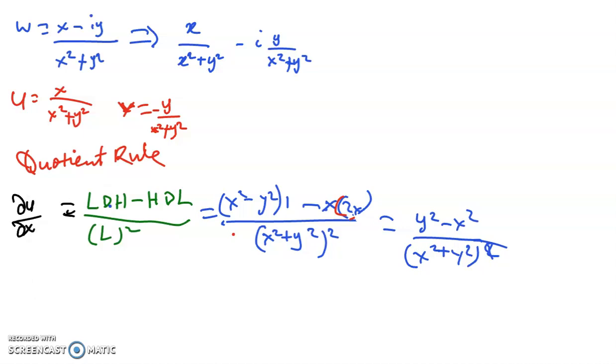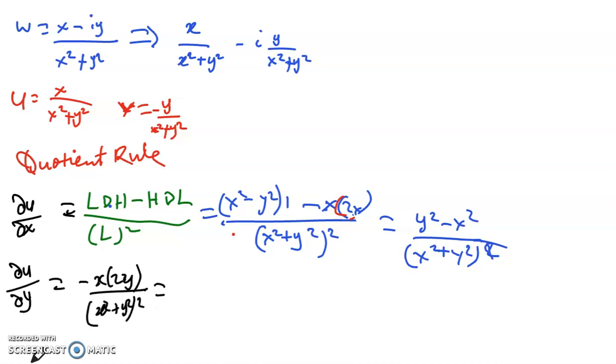So now let us go ahead and differentiate to find partial u, partial y. In this case we want to differentiate with respect to y, still using the same formula. This will be negative x times 2y, divided by x squared plus y squared, all this squared.